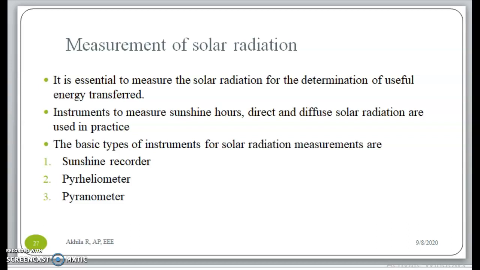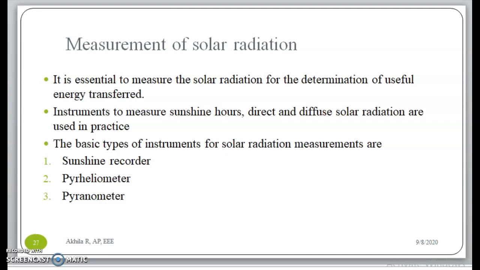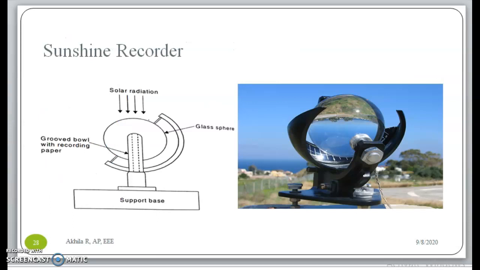For the measurement of solar radiation, we have 3 basic types: sunshine recorder, pyrheliometer and pyranometer. First we look at the sunshine recorder. I think the diagram is very clearly self-explanatory.